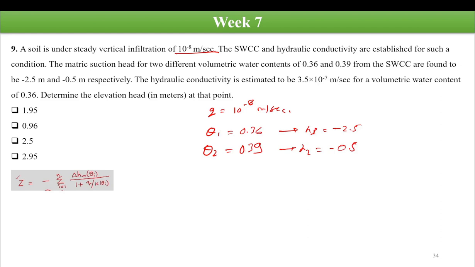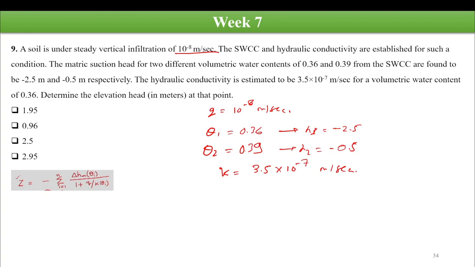So the hydraulic conductivity that is estimated, K at 0.36 volumetric water content, is expressed as 3.5 into 10 to the power minus 7 meter per second. And we need to determine the elevation head in meters at that point.